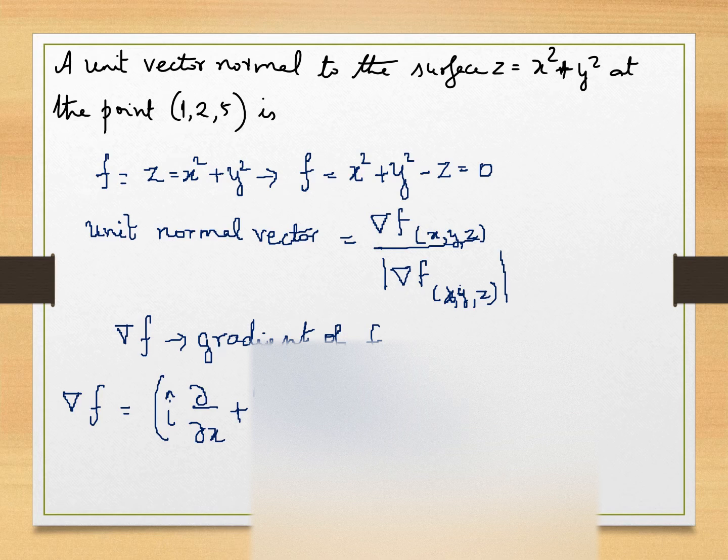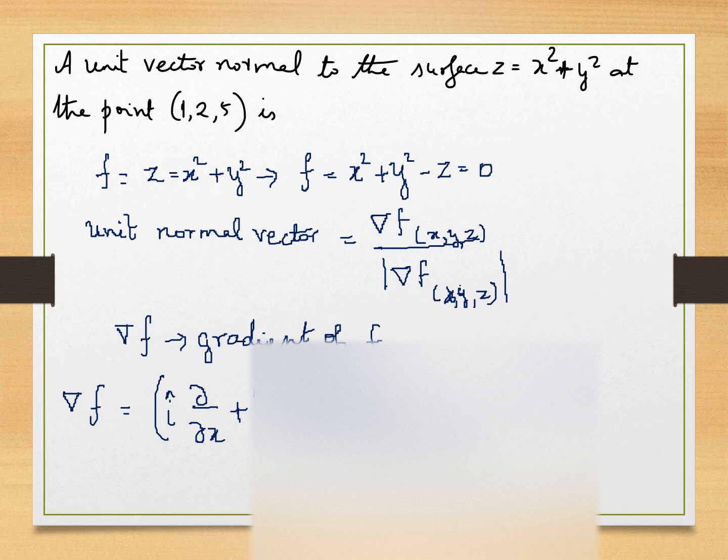Then f. What is f? f is x square plus y square minus z. So we have to differentiate this function with respect to x for the first term, with respect to y for the second term, and with respect to z for the third term.